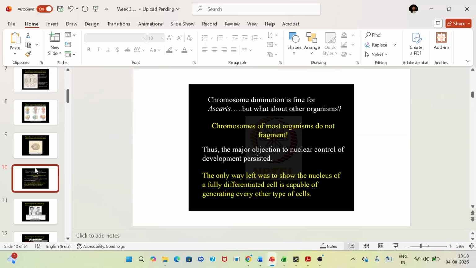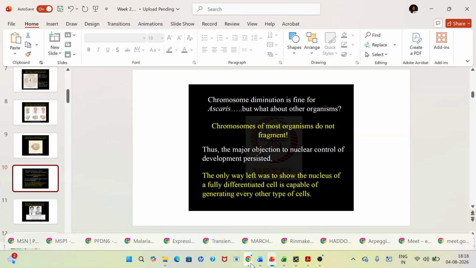The other thing that needs to be considered here is that chromosome diminution is fine for Ascaris because it is not that complex an organism and it is a small organism. But obviously, if we talk about humans or larger complex organisms, then this phenomenon is not at all helpful.